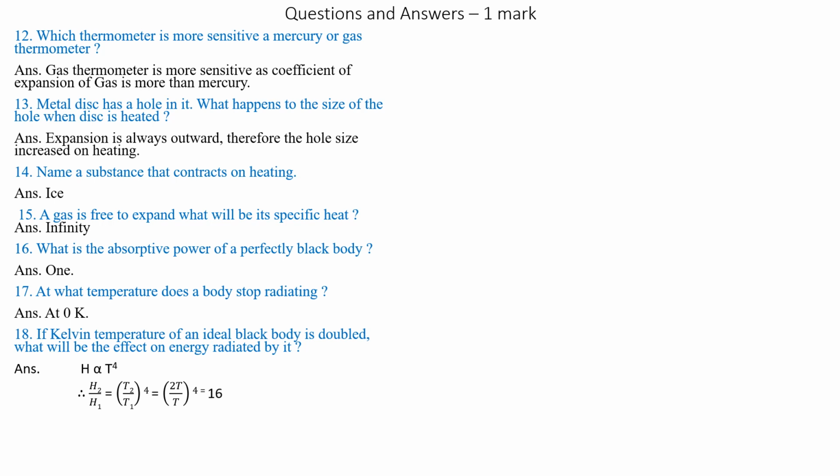Therefore, if the temperature of the black body is doubled, H2 by H1 equals (T2 by T1) to the power of 4. When we increase the temperature, T2 becomes 2T. Therefore, it is (2T by T) to the power of 4. T gets cancelled. It is 2 to the power of 4, which is 16. Hence, H2 will be equal to 16 times H1.